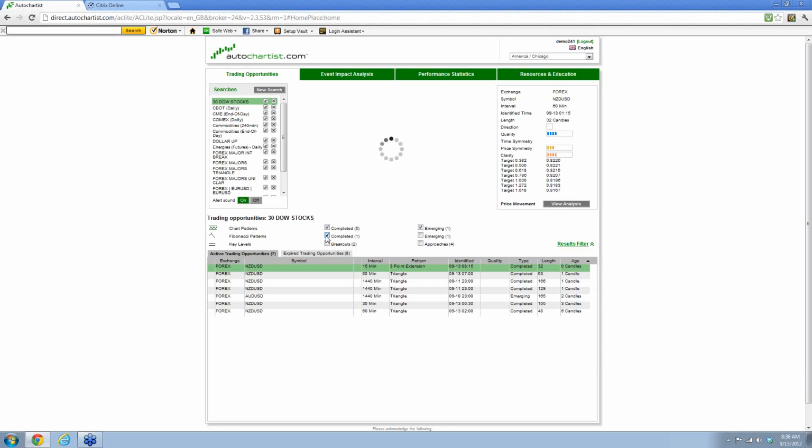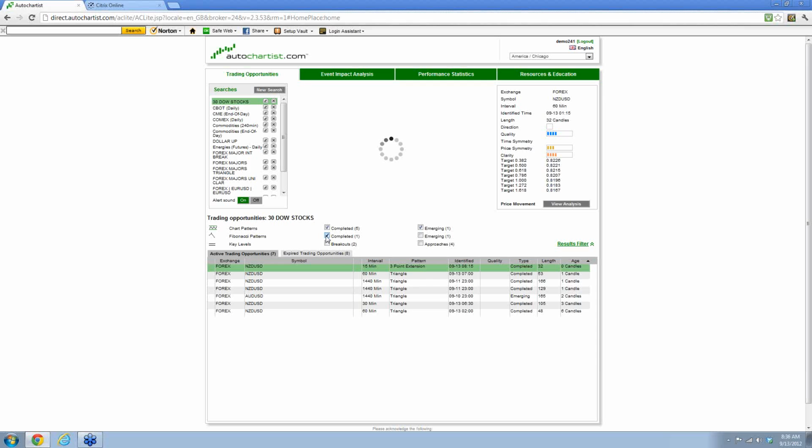So use type to find opportunities. Let me look at the chart patterns. If I start to see completed patterns showing up, let me look here at the stocks.